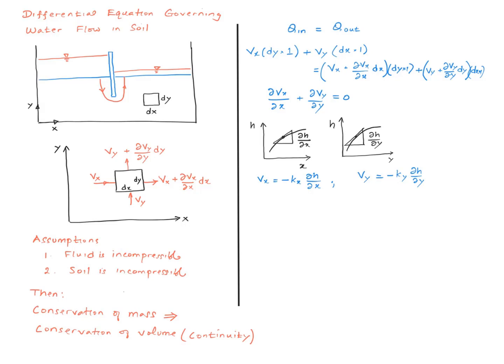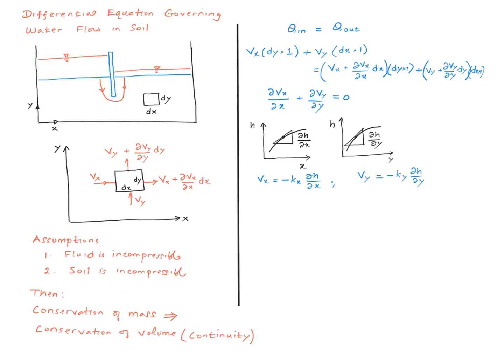Two things for you to note here. Number one, I'm using a negative sign here, right? That's because if the head increases this way, then the water flow is going to be in the opposite direction. To account for that, we introduce a negative sign here. Number two, I am using k sub x for the permeability in the x direction and k sub y for the permeability in the y direction, right?